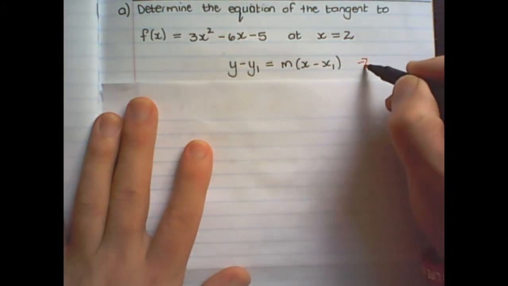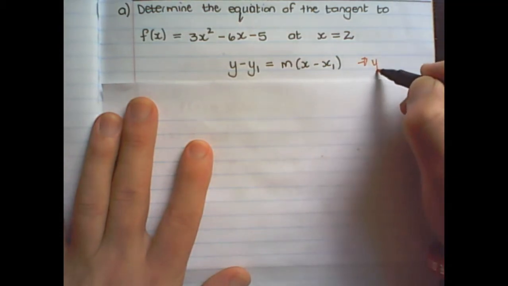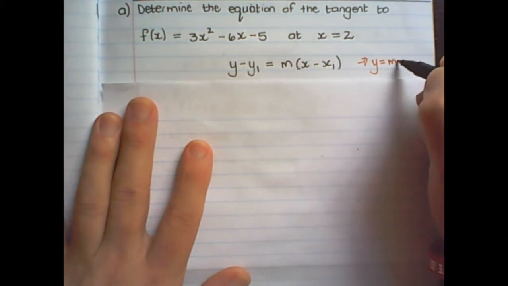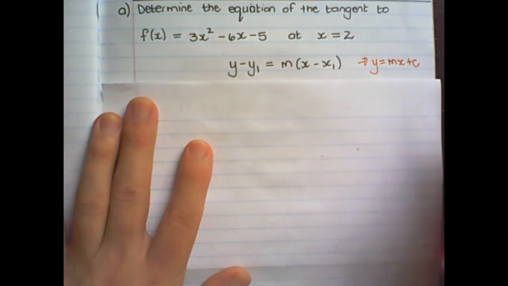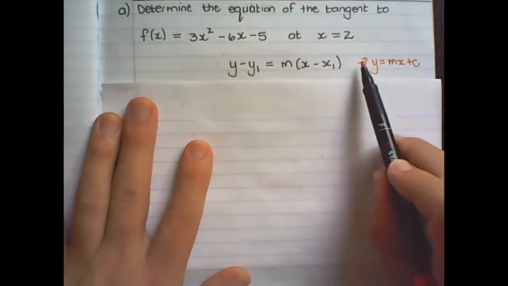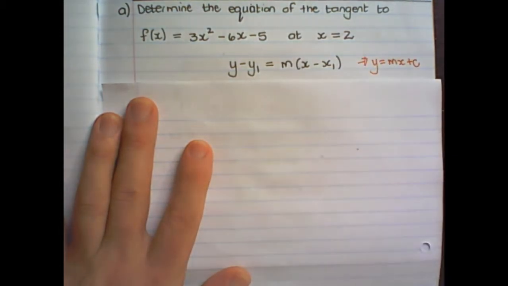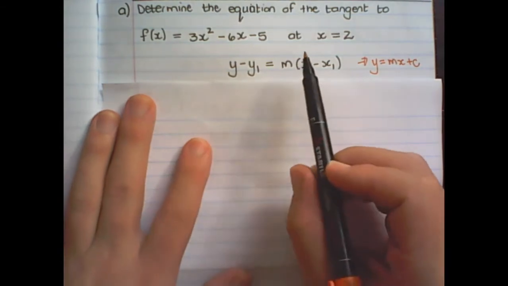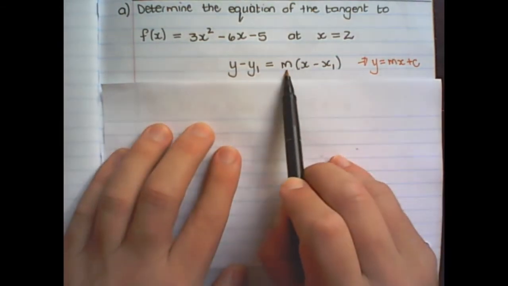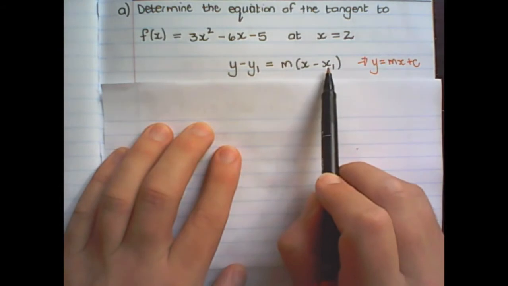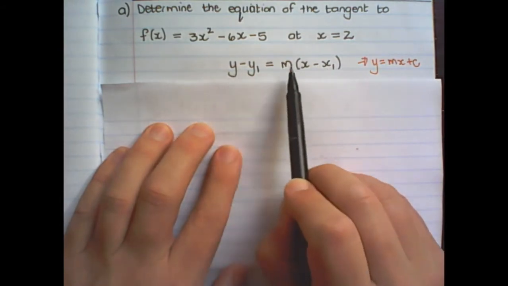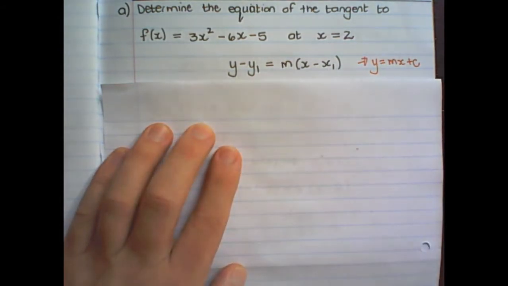Remember, you also have another format, y is equal to mx plus c, and you are welcome to use this as well. So what we need to find is the gradient and a point x1 and y1 to substitute, and then we can simplify.